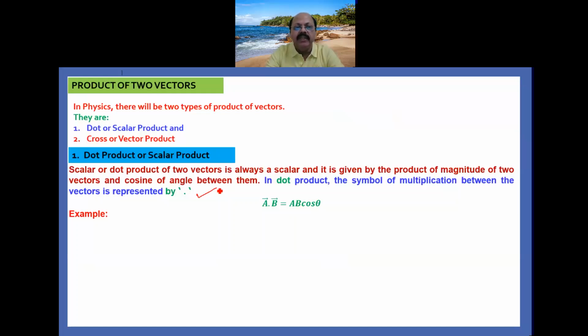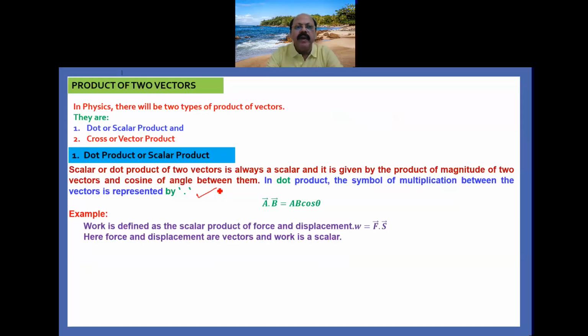For example, the dot product of force and displacement is equal to work done. Work is a scalar. So W equal to F vector dot S vector, which is a scalar. Always remember that the dot or scalar product of two vectors is always a scalar.